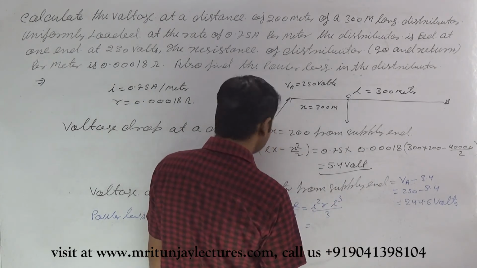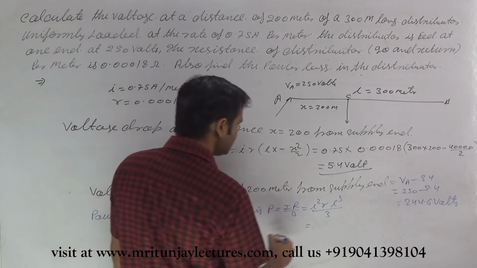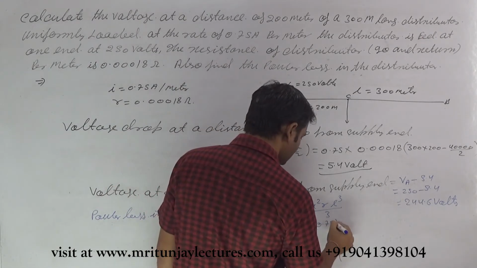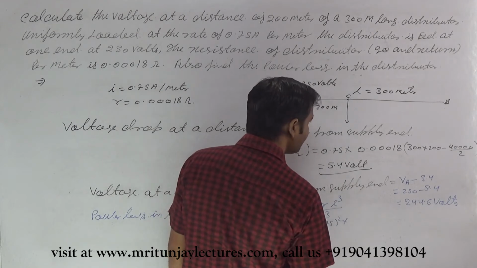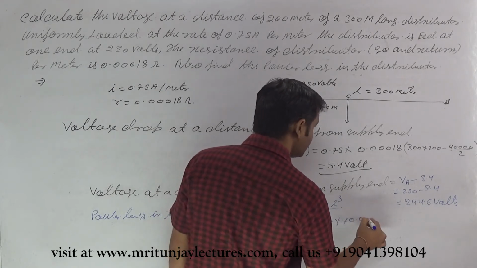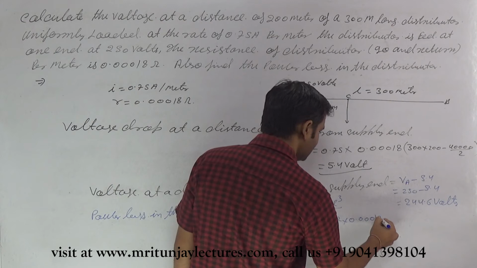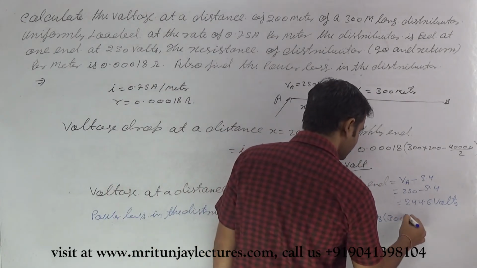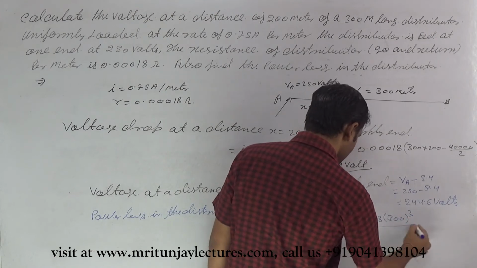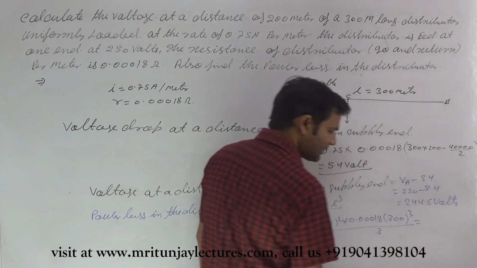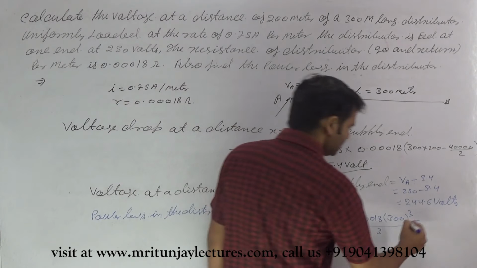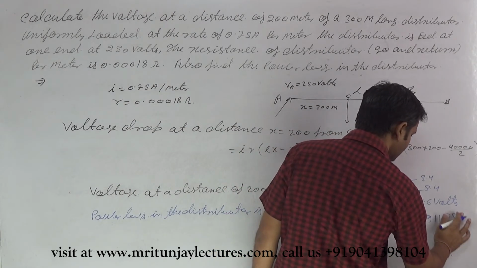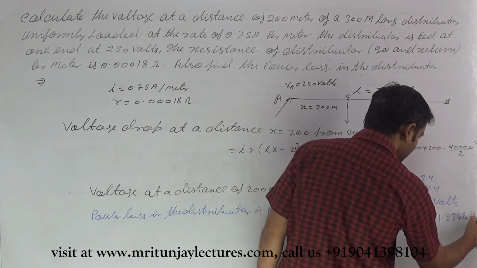So what about I? I is 0.75 to the whole square and R is 0.00018 and L is 300 meter. 300 to the whole cube, whole divided by 3, and I have already done it. That is 911.25 watt. This is the final answer.